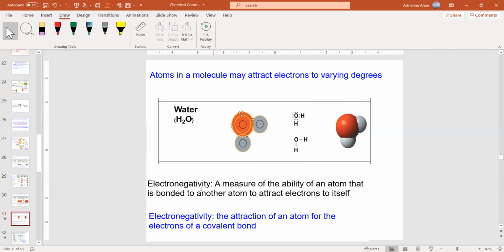So that's one definition. The second definition is the attraction of an atom for the electrons of a covalent bond, right? So both are perfectly fine. So it's how much does this oxygen atom want to pull these shared electrons towards itself? How attracted is it to these electrons? Right? And same with the hydrogen.